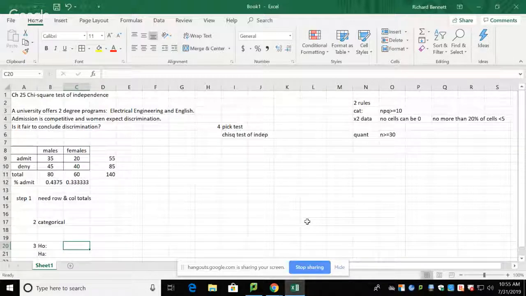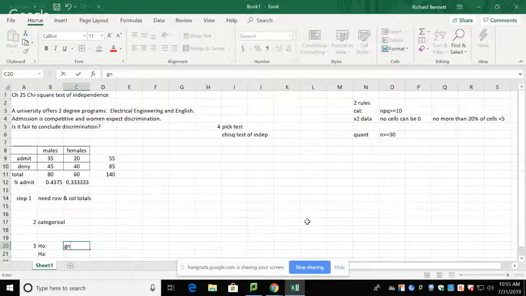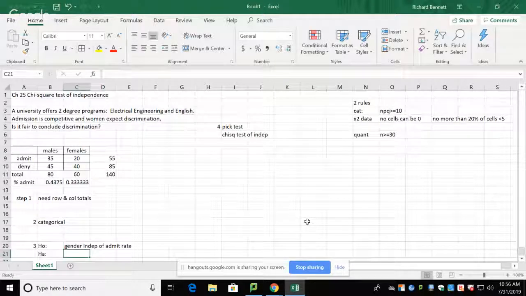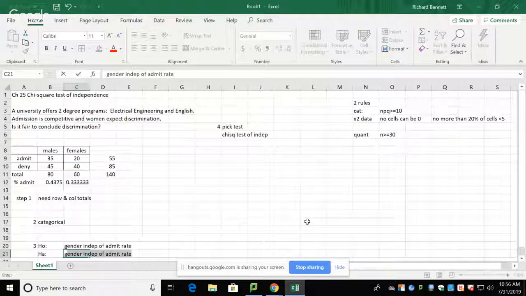So what we're going to say is that gender is independent of admission rate. Now, some of you will be tempted to say what for the alternative hypothesis? Yeah, you would say dependent, right?